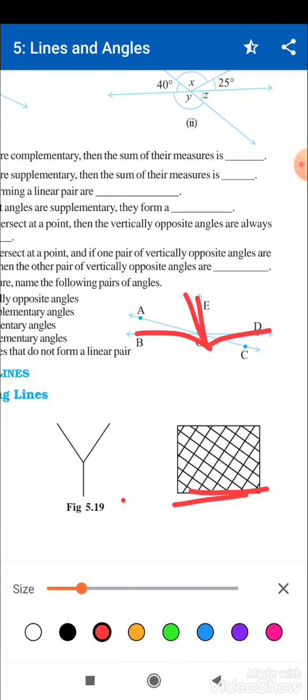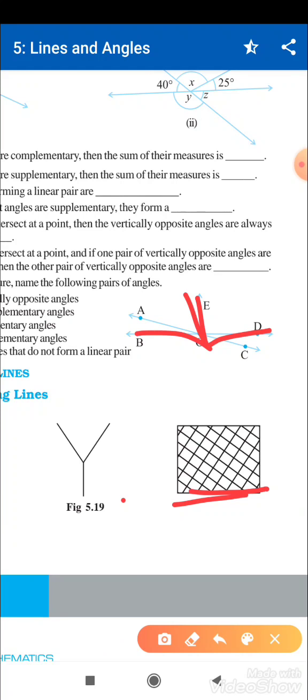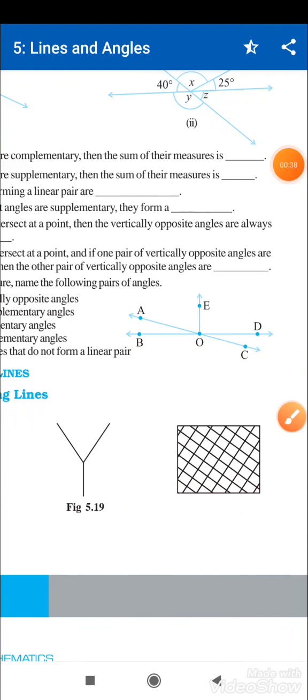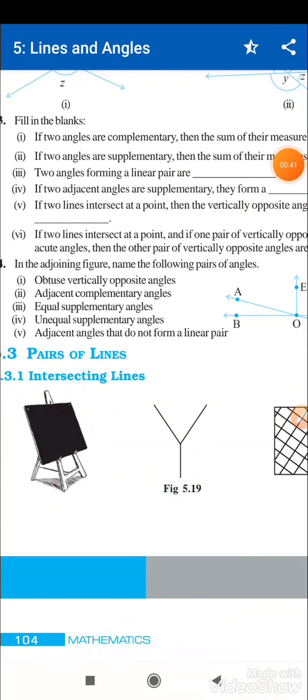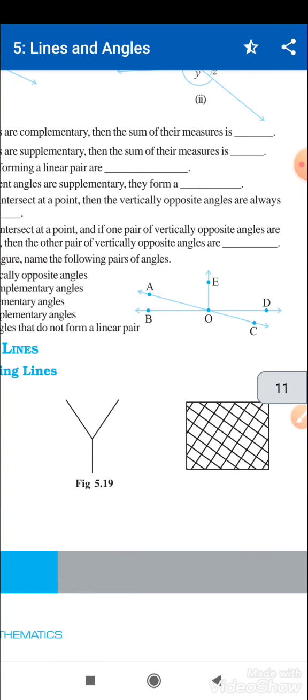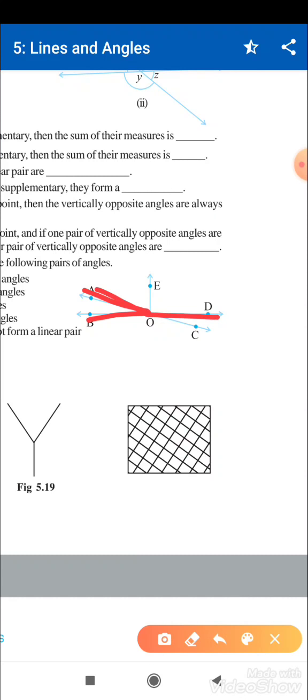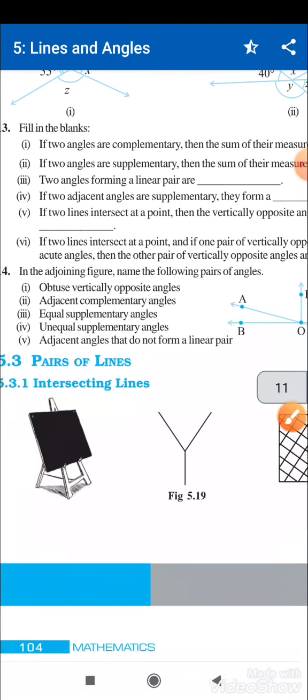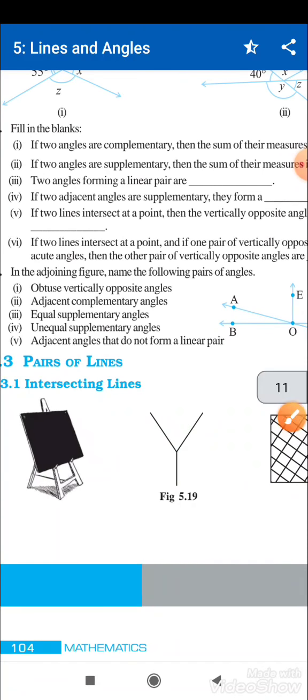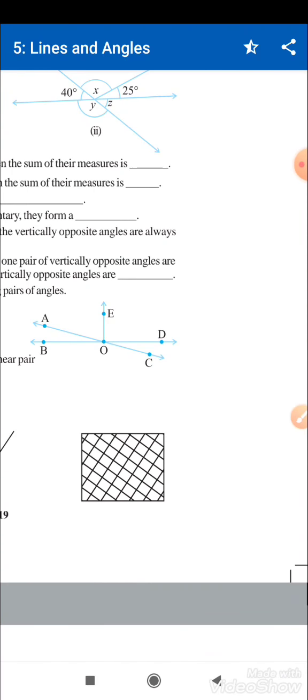Our next part is unequal supplementary angles. It means supplementary angles which are unequal. So here we have angle AOB and angle AOD, which are supplementary angles and also unequal. Our next part is adjacent angles that do not form a linear pair.